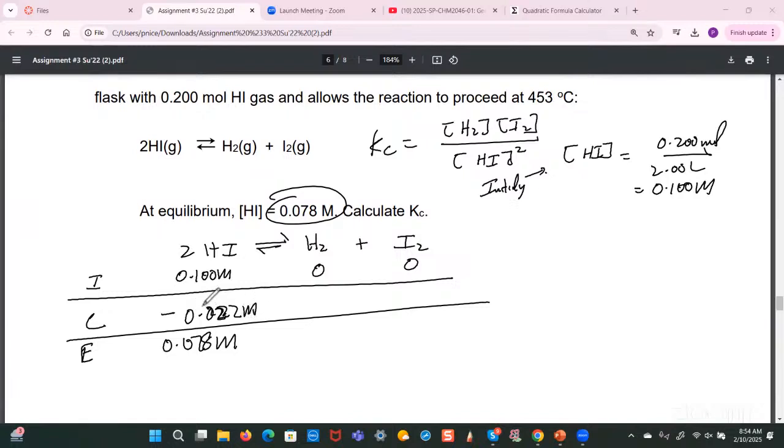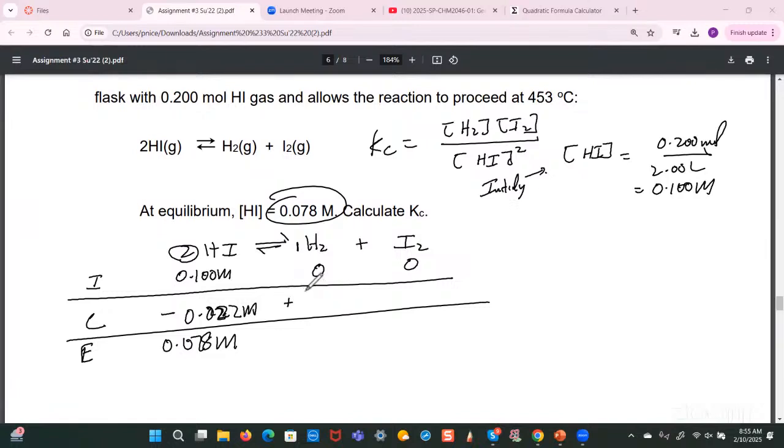If that's the change for the HI, what would be the change for both the H2 and I2? It's a 1-to-1 ratio between H2 and I2, so whatever the change for the H2 is, the change for the I2 will be the same. Is it plus 0.022? No, you have a 2-to-1 ratio here between the HI and H2.